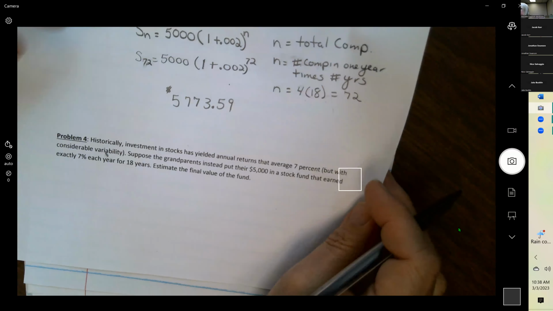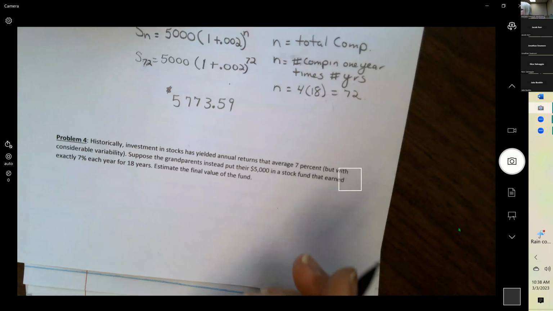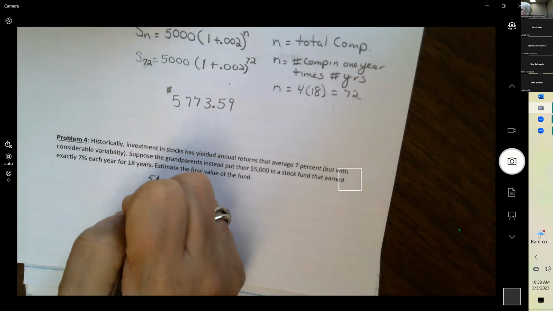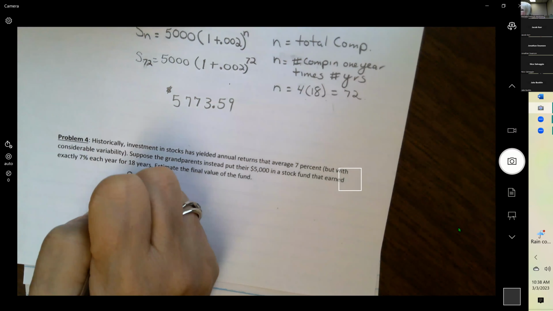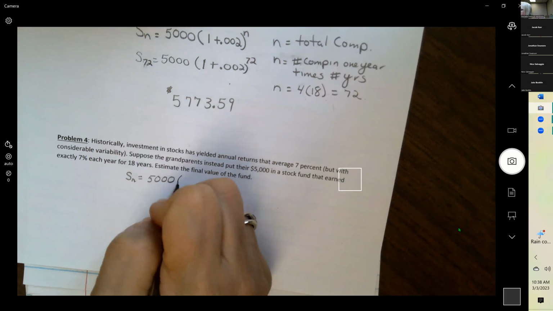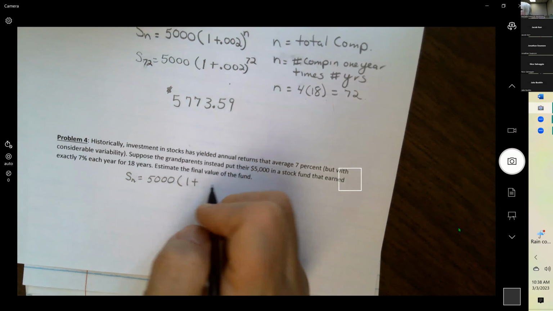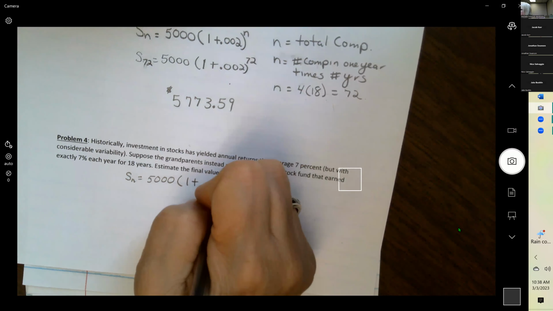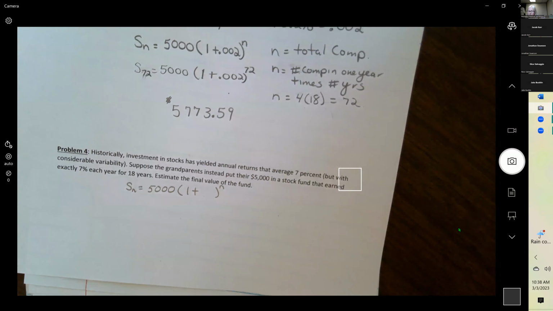So it's basically the same equation, except R. We're starting with 5,000. 1 plus your rate, to the N. Now our rate in this one is 7%. What is 7% written as a decimal?